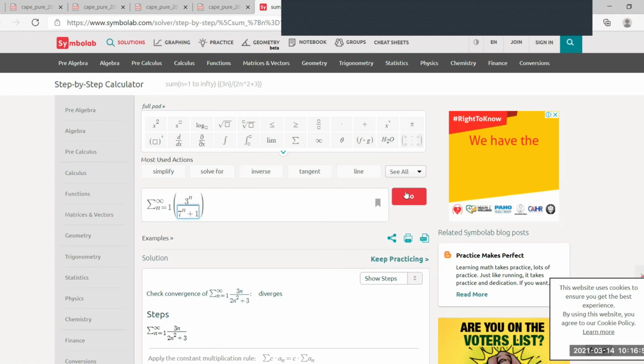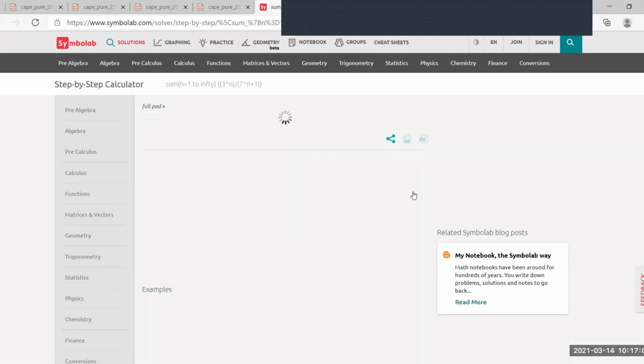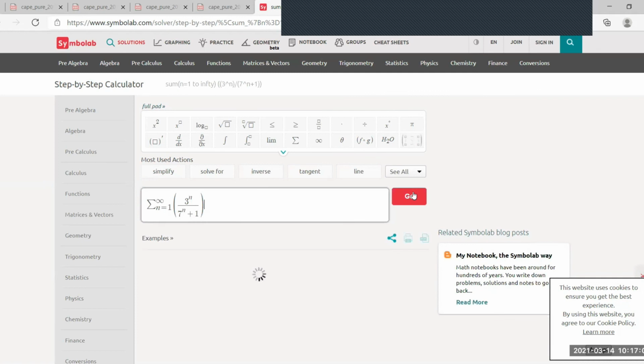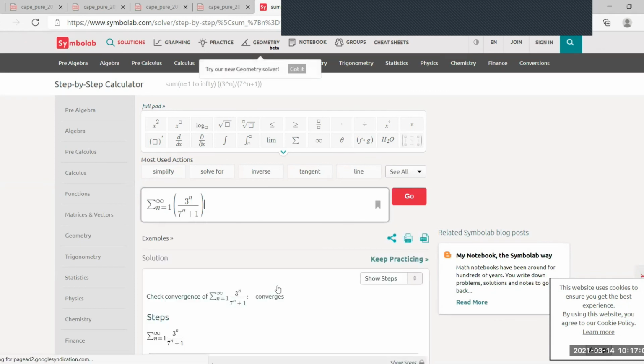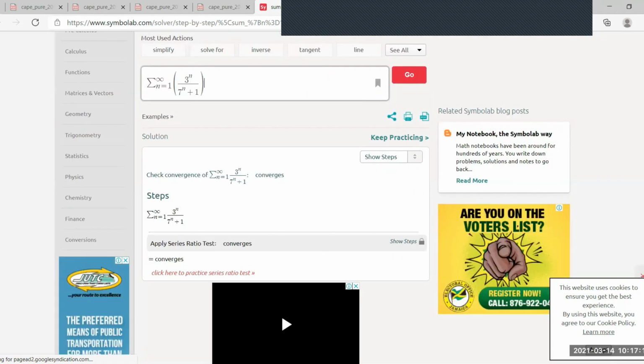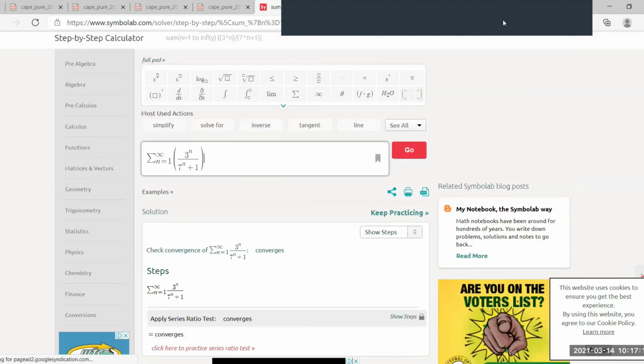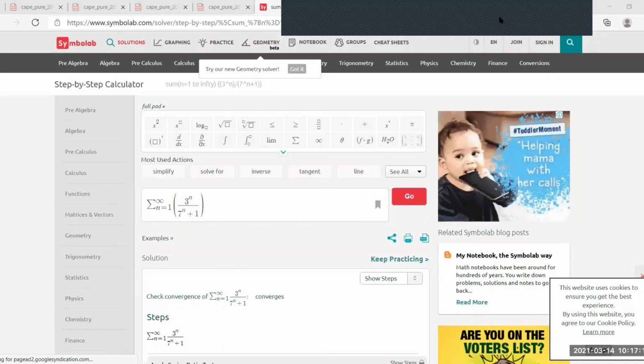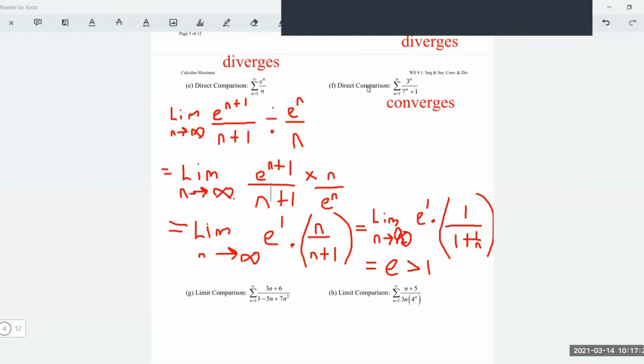Just to verify to you that it converges, we shall see. There it is, converges. Wonder what method they use. They apply the series ratio test. We didn't do the series ratio test. We did the D'Alembert's ratio test. That's what we use.